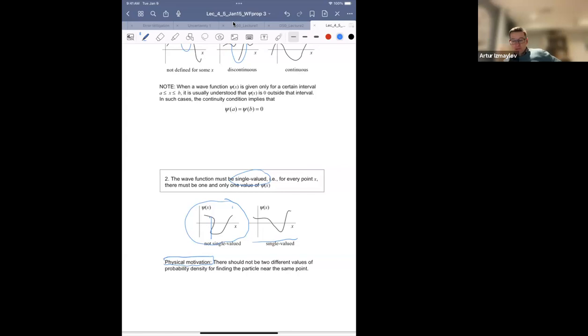Now, could anyone suggest a situation where things are not single valued, but the probability density is single valued?